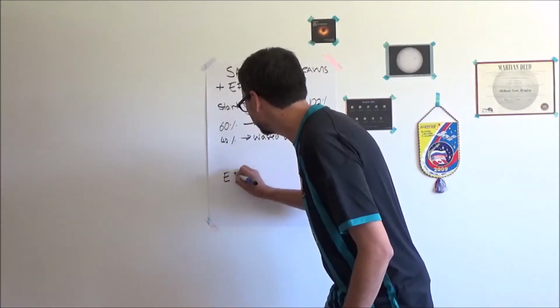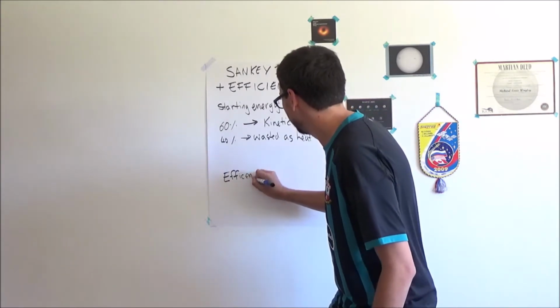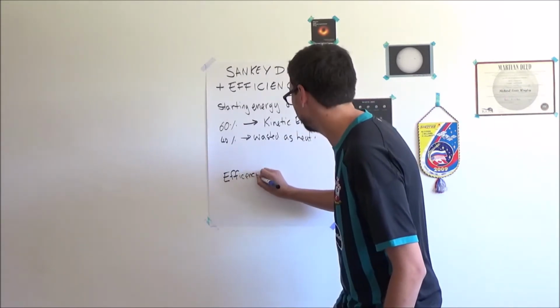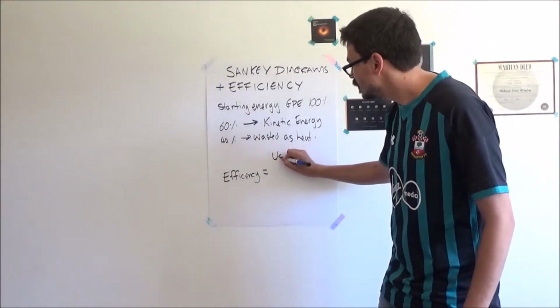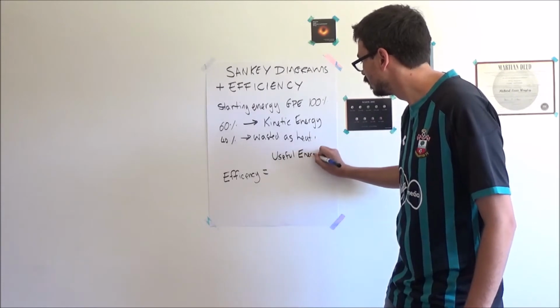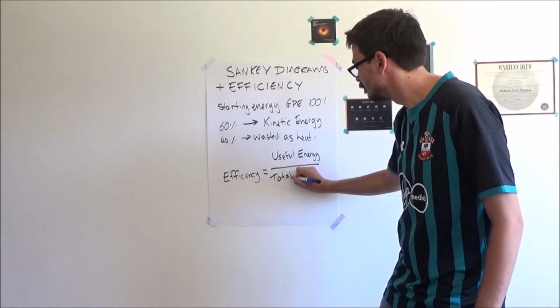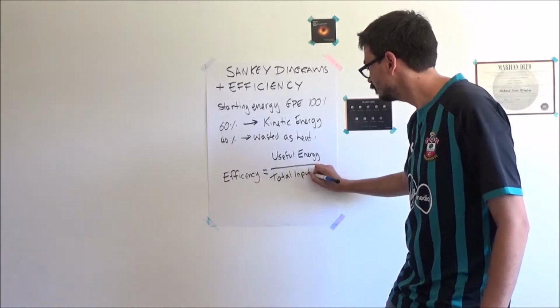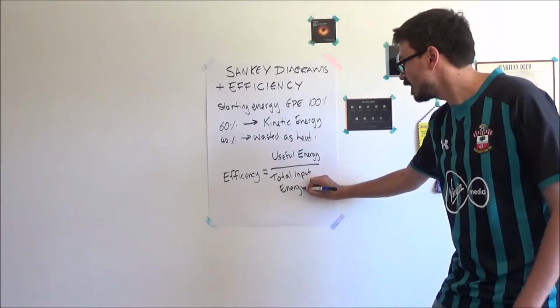Okay, efficiency, and this is the point where my dyslexia kicks in and I try and spell efficiency properly. Efficiency equals the useful energy divided by the total input energy. Now we could leave that as a fraction.